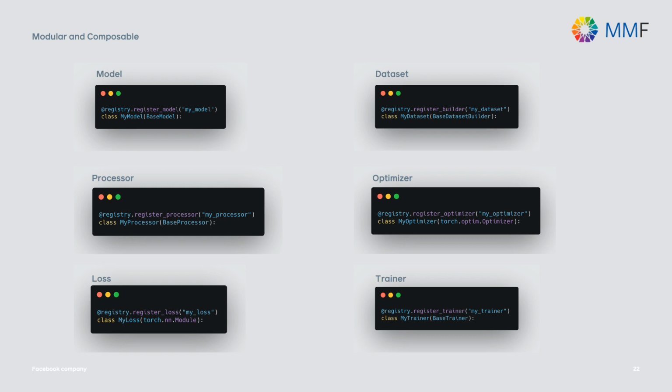You can register your custom model, your custom dataset, your custom processor, and you can register optimizer, loss, trainer, metrics, and a lot more. MMF is configurable from the ground up, so you can override everything and implement it how you want, using whatever MMF provides wherever you need.